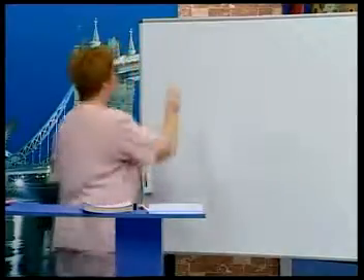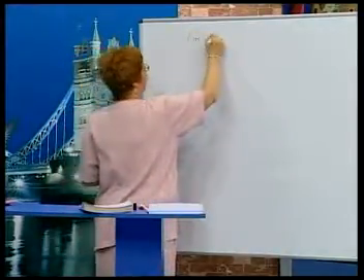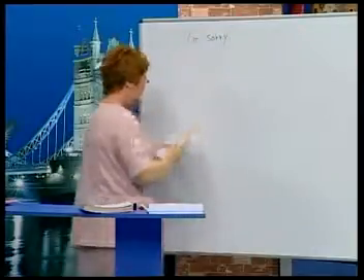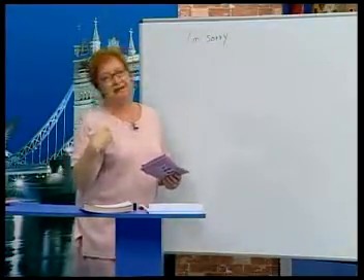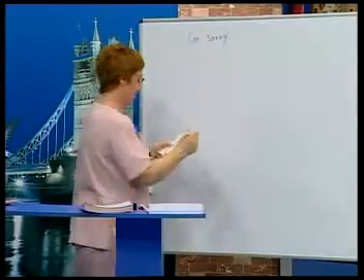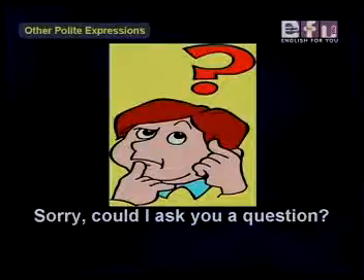Now, we use some expressions at other times, and these are ways that we can say, I'm sorry. All right? So, I'm sorry. Now, you want to ask a question, but I'm busy. So you can say, sorry, could I ask you a question?